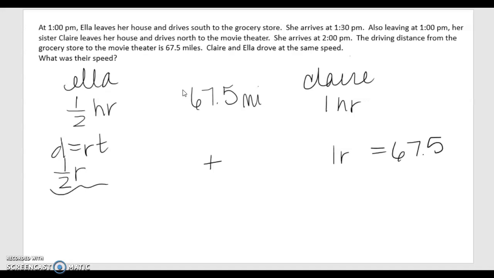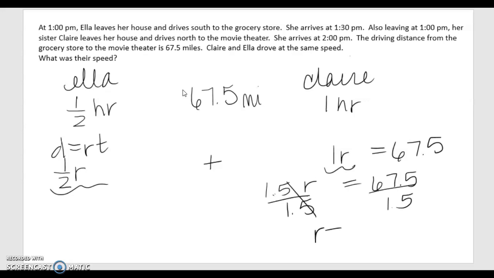So we're combining like terms, and we wind up with 1.5 R equals 67.5. Divide by 1.5. 67.5 divided by 1.5 is 45 miles per hour.